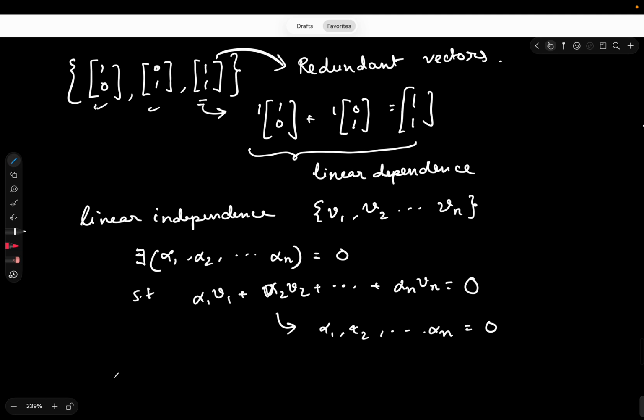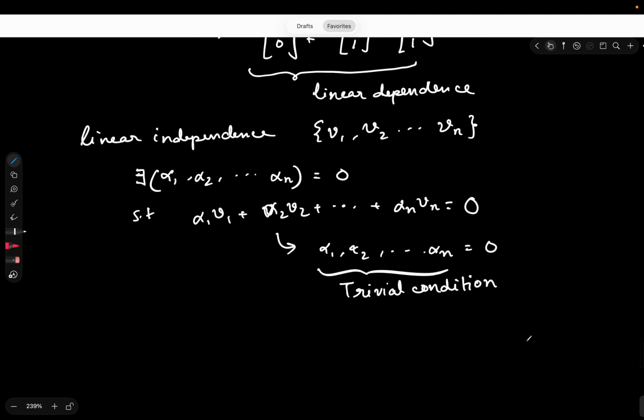When alpha 1, alpha 2, dot dot dot alpha n are all zeros, this condition is called the trivial solution, or the trivial condition. Only when the trivial condition is the sole way to make the sum equal 0 can we say the vectors are linearly independent.